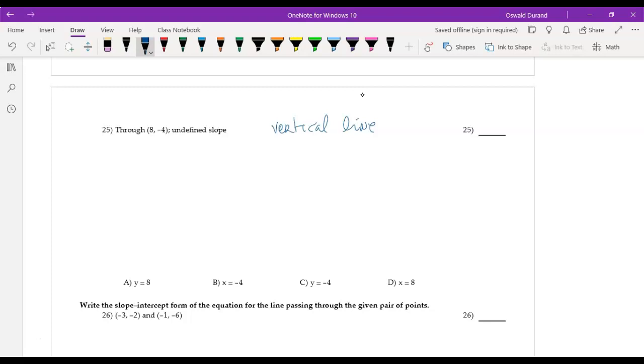And the vertical line means that it's going to cross the x-axis. And my equation is going to be x equal to c, right? So what is c? If it crosses the x-axis, it better cross an x value. And because the line goes through the point (8, -4), it's going to cross x, which is 8 here. So my equation is going to be x equal to +8.